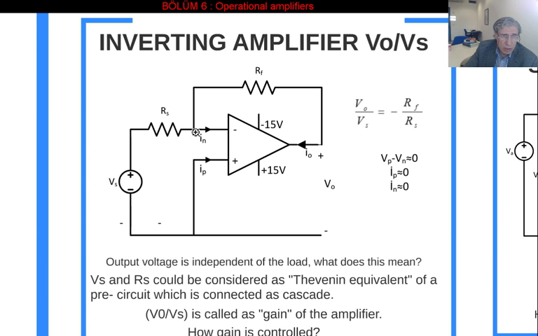I already explained this node voltage is equal to 0 because it is connected directly to ground. So V0 over RF is the current of this. The two currents you add and set equal to 0, the Kirchhoff current law equation. From this equation you end up with that result.